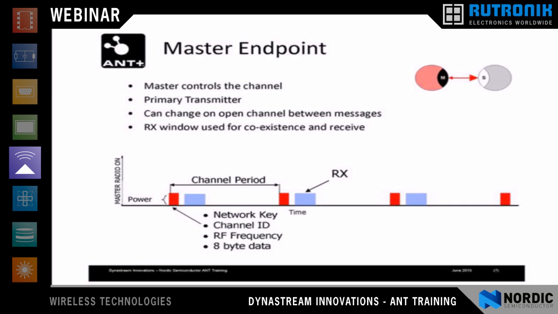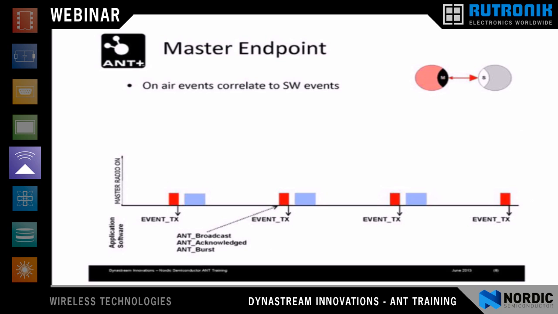So in other words, after a transmission, ANT will listen to see if there's any other transmissions in that space, which will allow it to either continue on at that exact same channel period or slightly modify the timing to move away from any other channels or any other noise that's in that time space. So this is all managed by the protocol. This is not something that you have to spend a lot of time on.